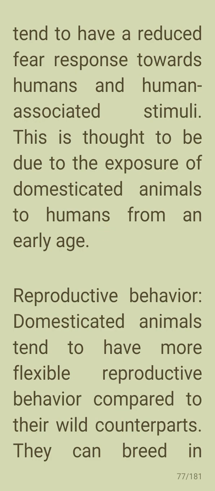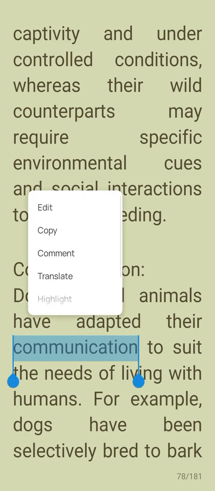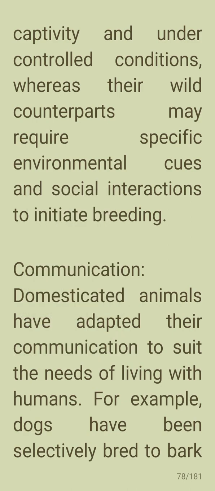Reproductive behavior. Domesticated animals tend to have more flexible reproductive behavior compared to their wild counterparts. They can breed in captivity and under controlled conditions, whereas their wild counterparts may require specific environmental cues and social interactions to initiate breeding. Communication. Domesticated animals have adapted their communication to suit the needs of living with humans.